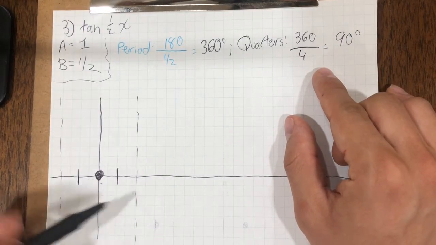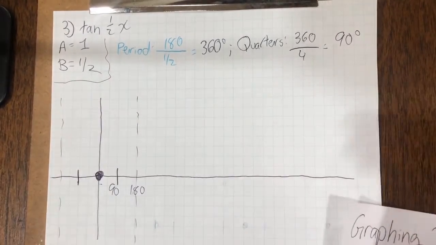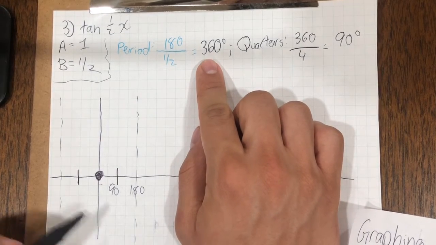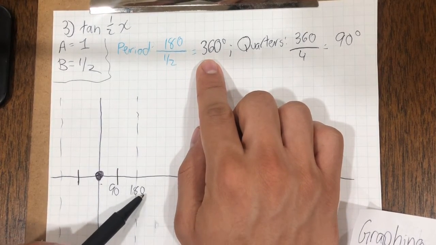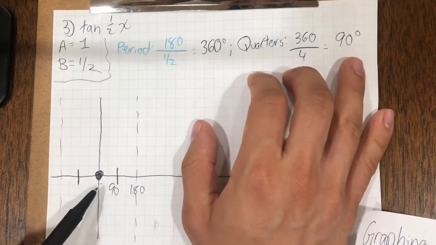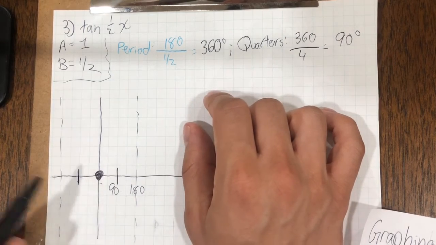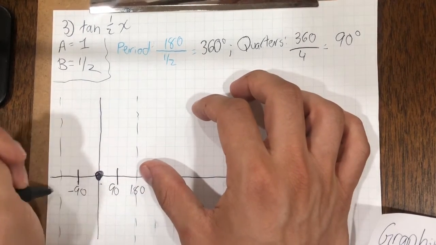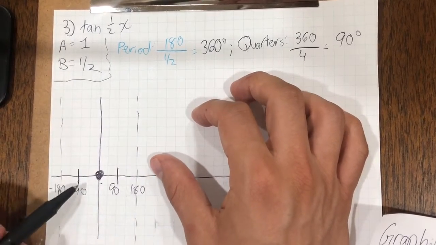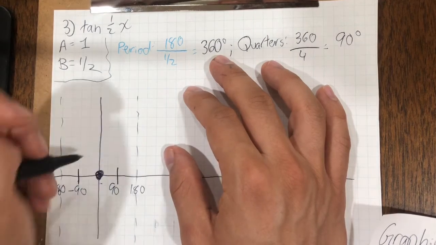So I'm going to go from 0 to 90, 90 to 180. Or we can take half of 360, which gives 180. Since this is all cut up in 4s, we already figured out the quarter. So now the left side is going to be the negative versions. The full 360 period is going to be from negative 180 to positive 180.